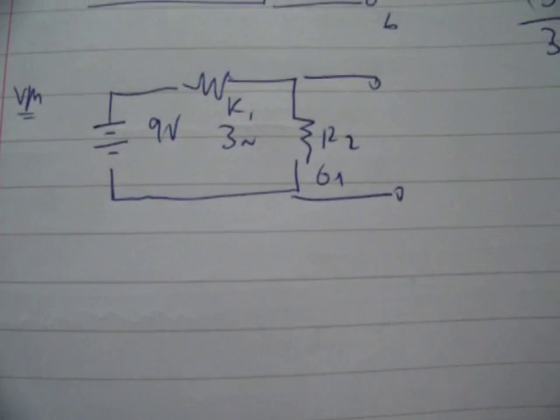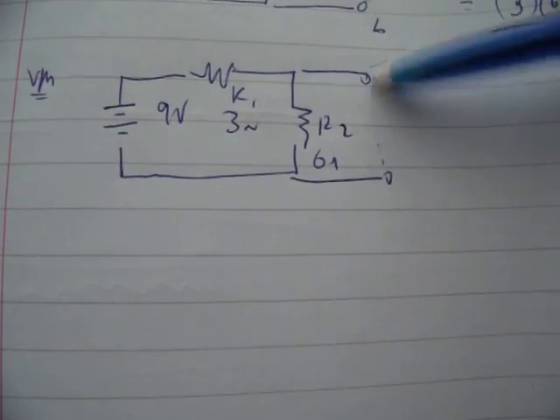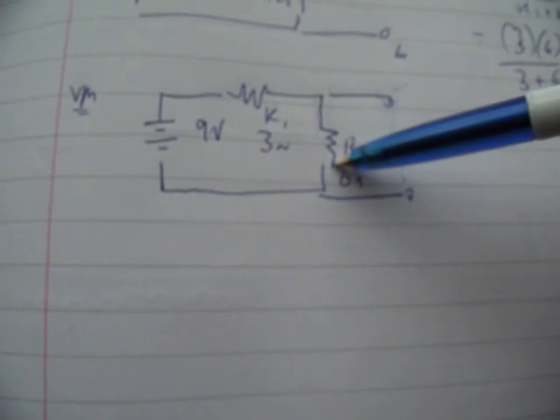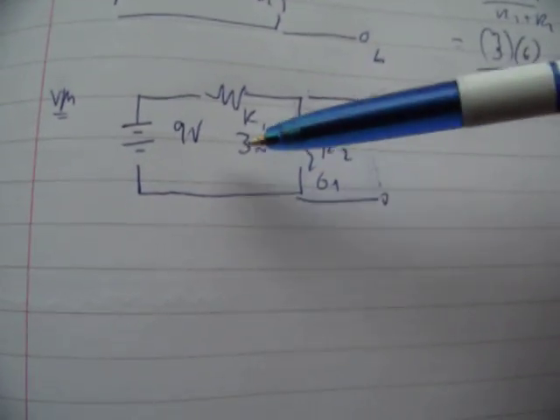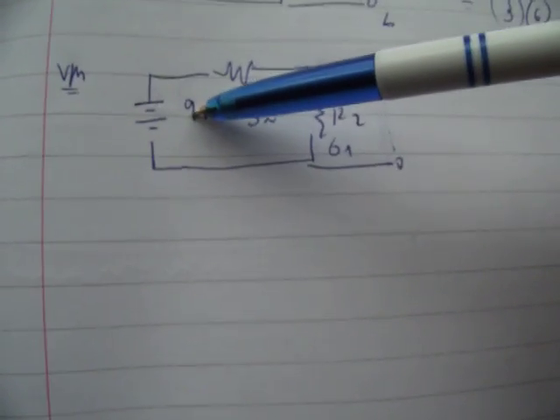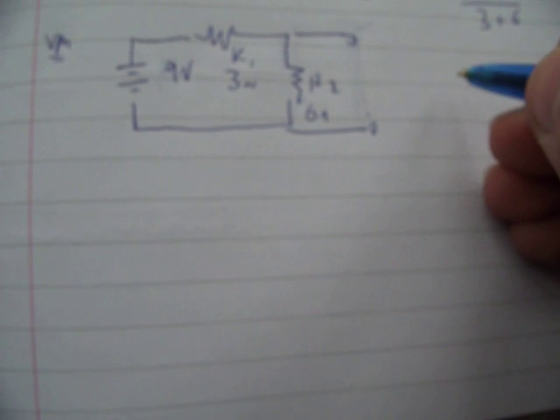Now what you need to do is find the voltage across the terminals. The voltage across the terminals is the voltage across the resistor R2. So how can you find the voltage across R2? Use the voltage divider rule. How do you use the voltage divider rule?